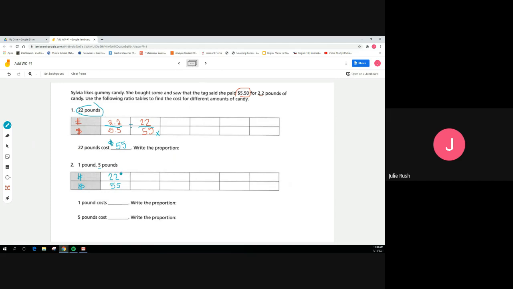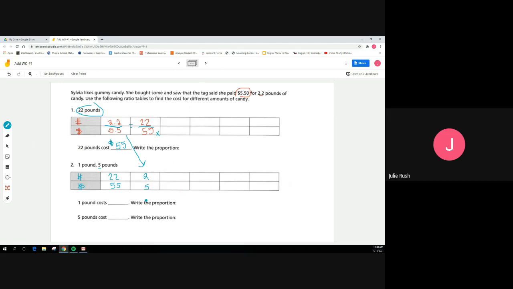And so if I divide 22 by 11, I get 2. And if I divide 55 by 11, I get 5. I hope I said division on that, but I think y'all know what I mean. So we have taken a ratio that was 2.2 over 5.5, and that is equivalent to 2 to 5, okay? And that's the beauty of ratio tables, that we get to see that.